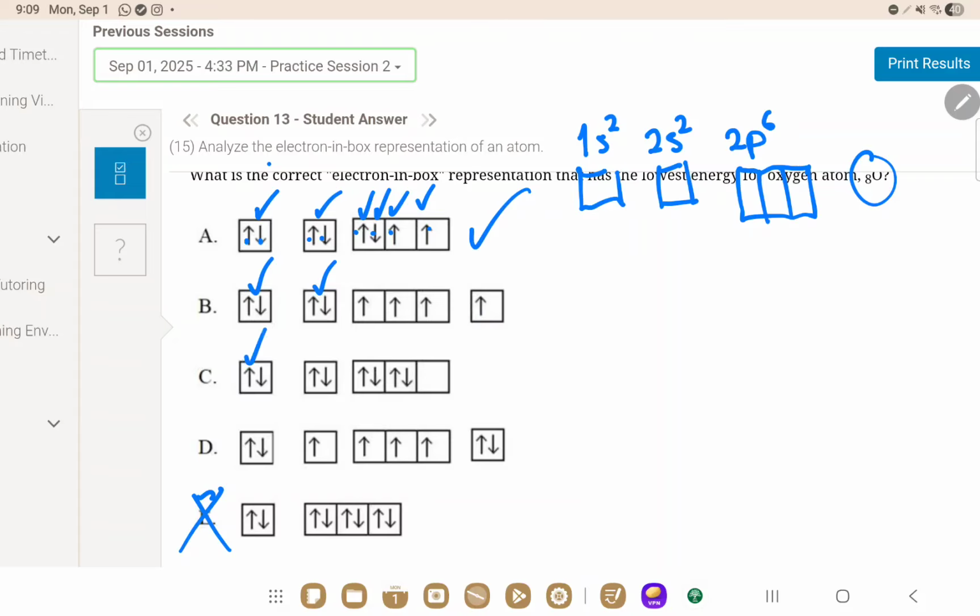This one, you have 1 room filled with 2 people, then you have 1 room filled with 2 people, but they did not follow how you're supposed to fill it up. You need to go arrow up, arrow up, arrow up before you can start going arrows down. And they did not do that here because this box is empty, which you're not allowed to have unless you only have 2 arrows that are up without any more.